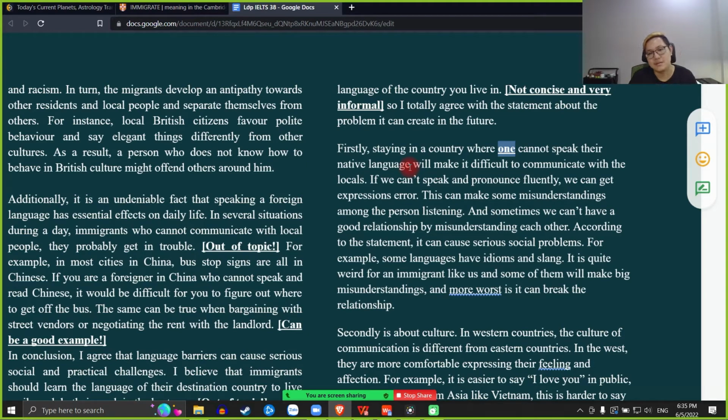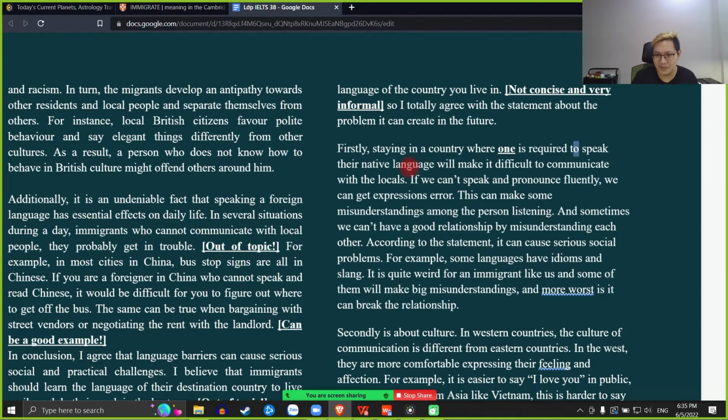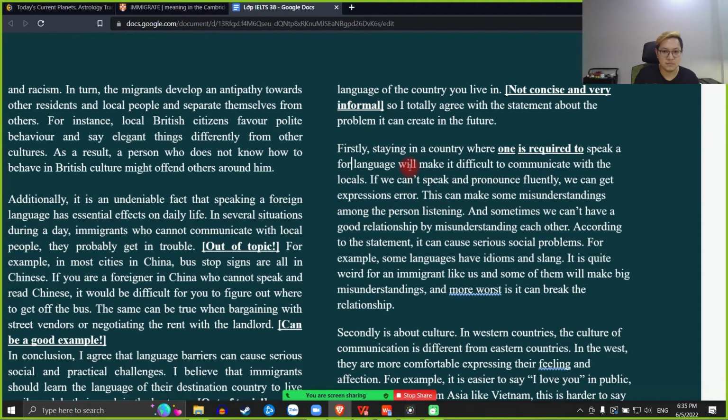It's not the same. The fact that you have to speak in a foreign language doesn't mean the same as you cannot speak your native language, okay? Where one is required. Đó, vấn đề về logic, thấy không? You see, another logic problem. Is required to speak a foreign language.